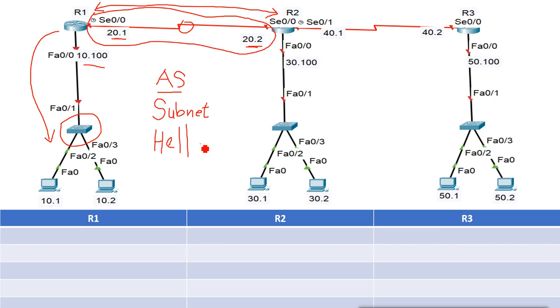So these three things must match to create the neighborship. They create the neighborship based on these three criteria, and after matching them, they declare each other as neighbors.